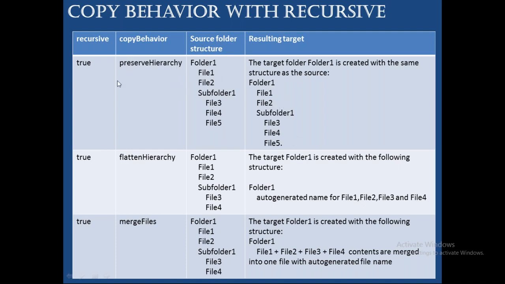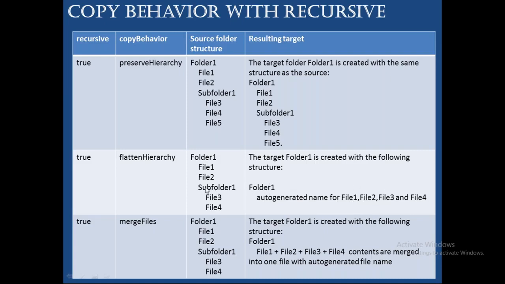If you enable recursive and copy behavior, if you make it flatten hierarchy, then what happens is, under folder 1 you have file 1, file 2, under subfolder 1 you have file 3, file 4. Now under folder 1 you will be able to see file 1, file 2, file 3, file 4. All the four files will be there under folder 1.